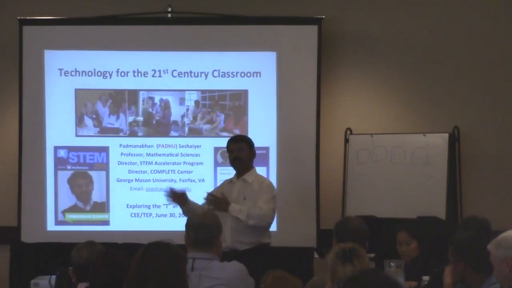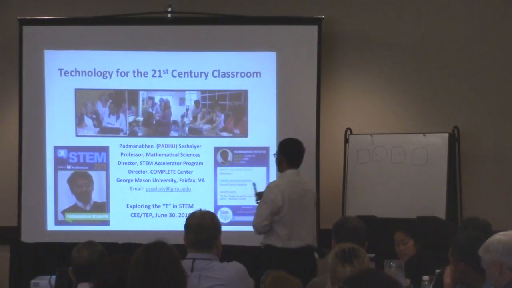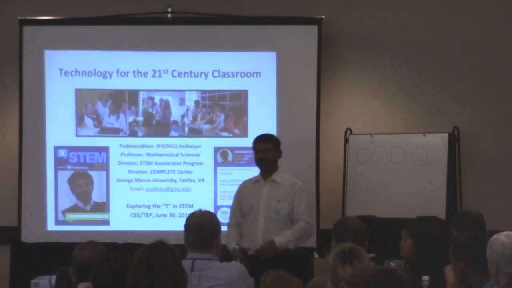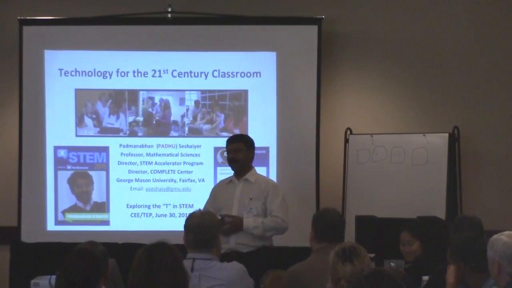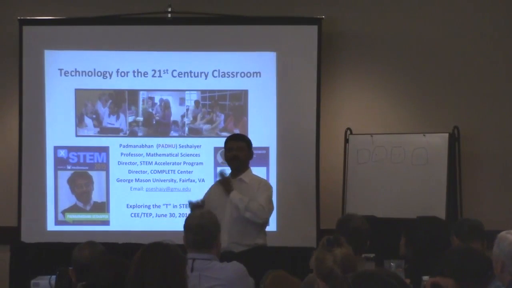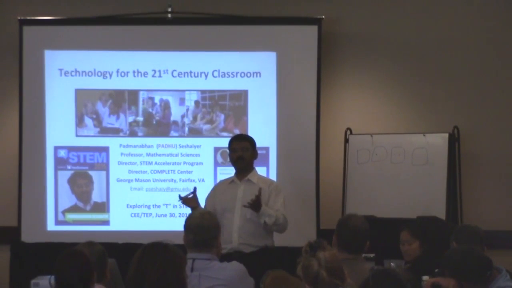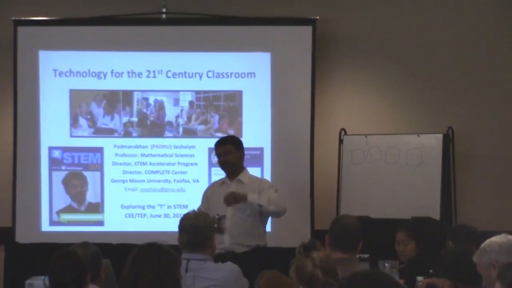And then my favorite center is the other one, which is called the COMPLETE Center. It stands for the Center for Outreach in Mathematics, Professional Learning, and Educational Technology. I try to coin everything. So it's the COMPLETE Center. That center brings close to 500 teachers every summer, at all levels, K-12, and we have programs at different levels.